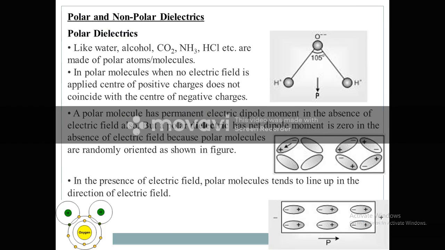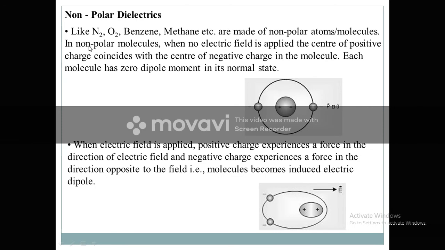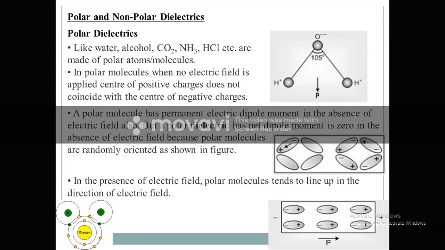Now we have two types of dielectric, depending upon their structure: polar dielectric and non-polar dielectric. Polar dielectric means they are permanently polar; their structure is such that a polarized form is already available, but the dipoles are not aligned at all.